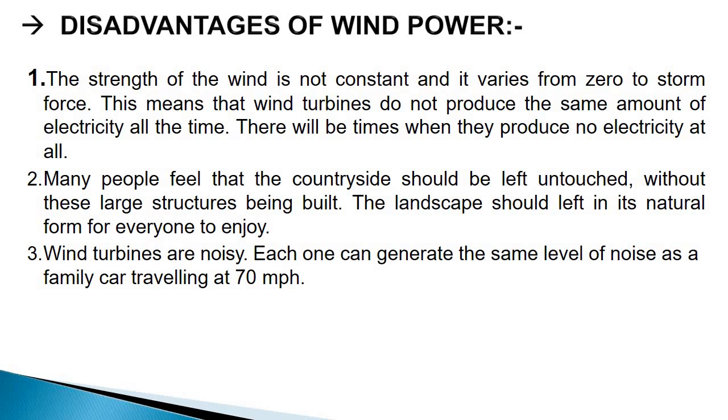Then wind turbines are noisy. Each one can generate the same level of noise as a family car traveling at 70 miles per hour. So, the operation of a horizontal axis wind turbine is noisy. It will produce noise.